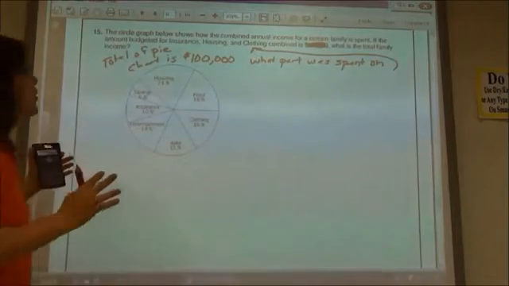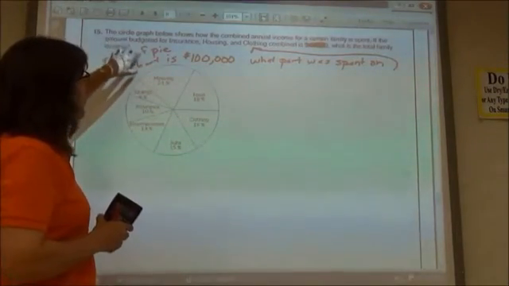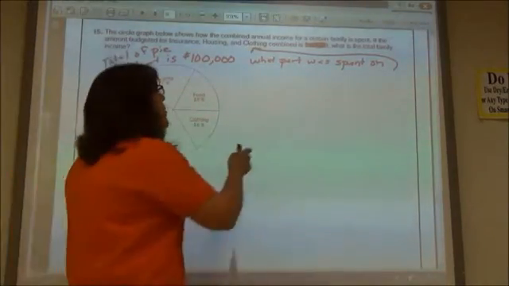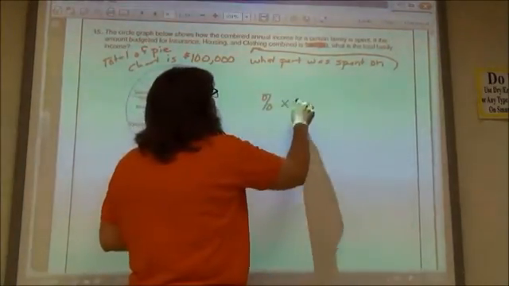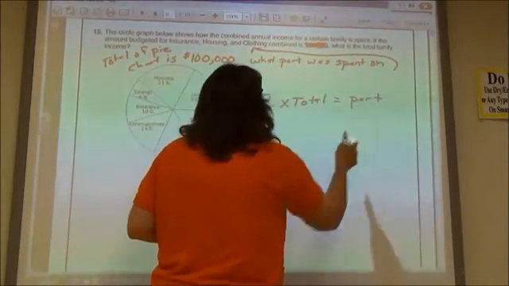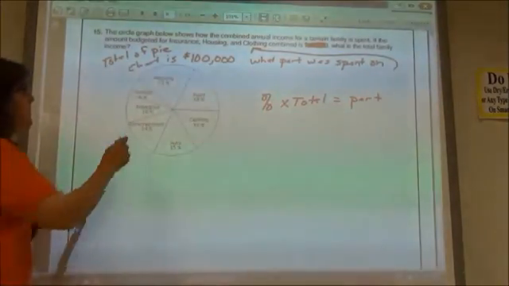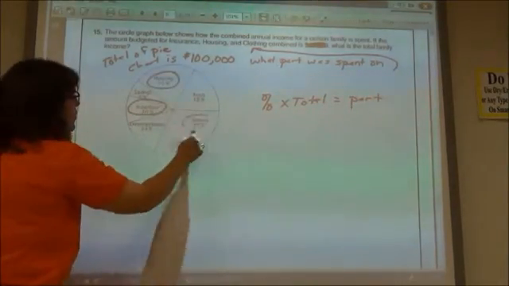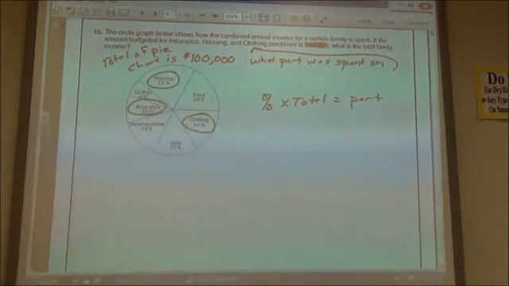So if it's worded this way, where you know what the total amount is and you're just trying to find part of the circle, we think about the formula. Percent times the total equals the part. My percent on insurance, housing, and clothing, 10 plus 21 plus 16 is 47%.